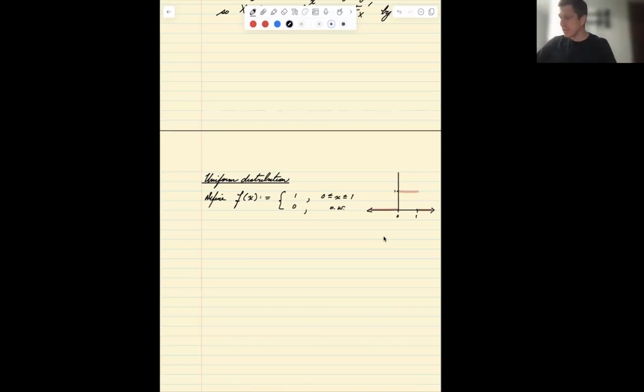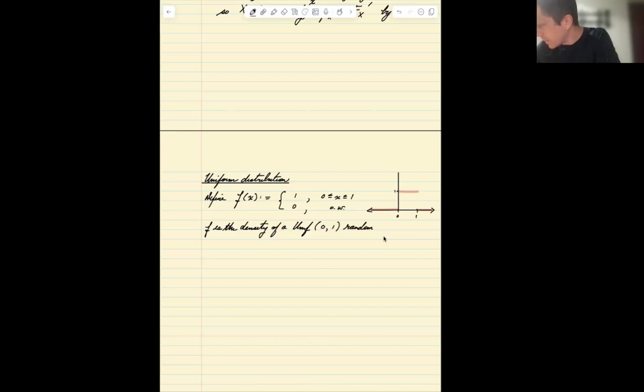It's constant, it's flat, the value 1 from 0 to 1, and then it drops back down to 0 outside. Okay. So f in this case is the density of what's called a uniform, and I'll write Unif(0, 1) random variable.